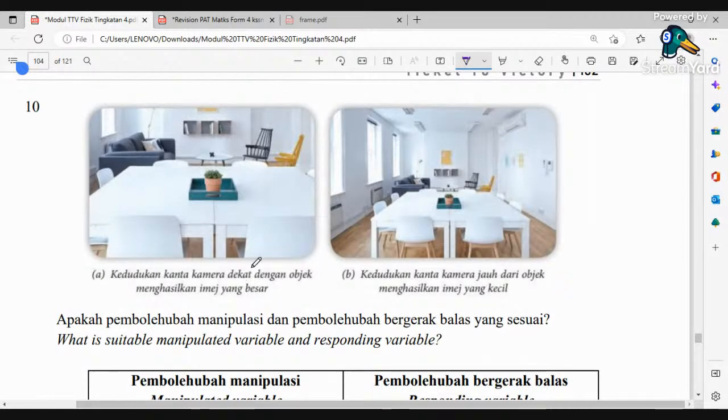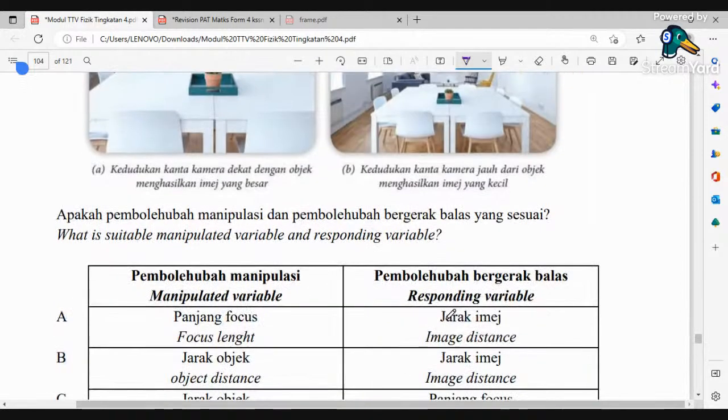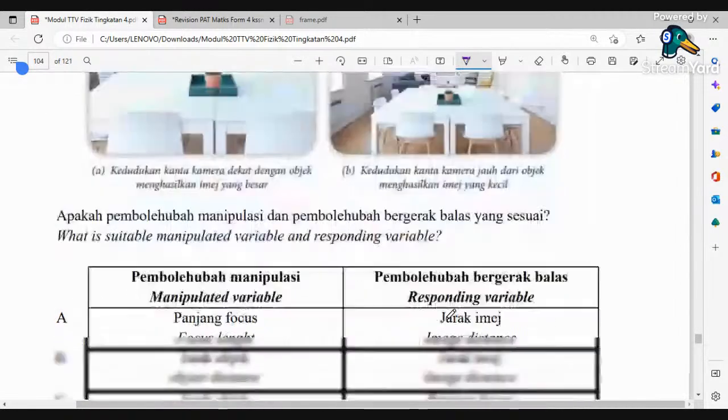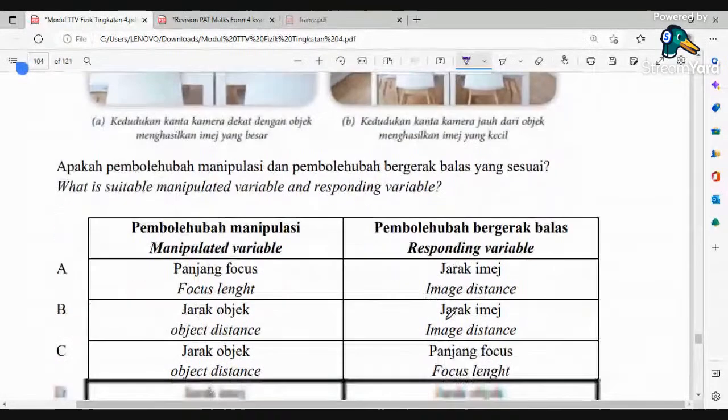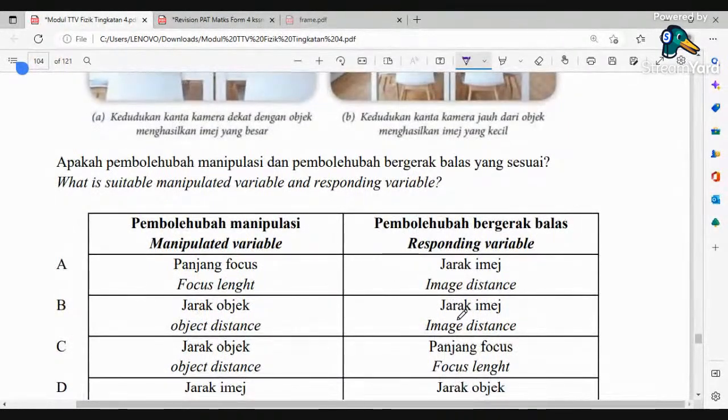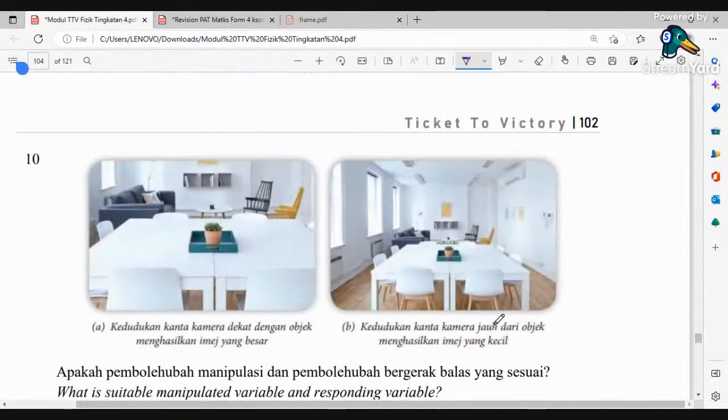So the further or smaller means the image distance. Position of eyepiece close to the object or further from the object also represent object distance. So for this one, if you want to carry out an experiment, the manipulated variable should be object distance and the responding variable should be image distance. Okay.